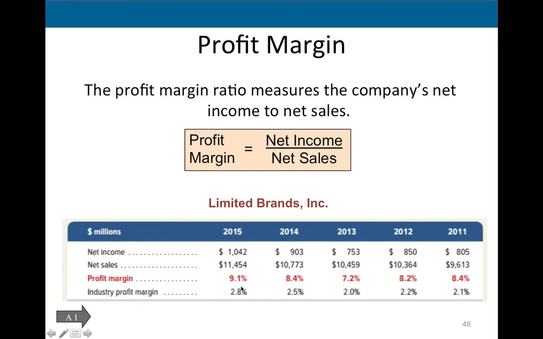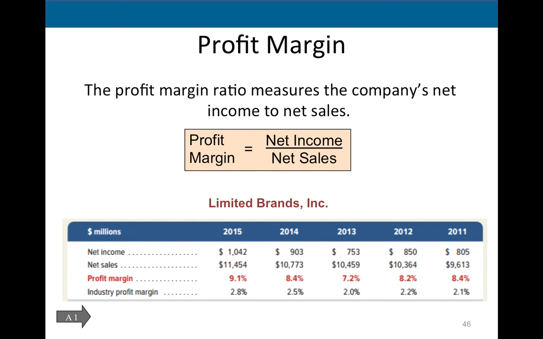Another ratio here is a very useful one that has to do with profitability. We take net income and divide it by net sales. If you think about the income statement, we take the bottom number and divide it into the top number. It's expressed as a percentage. I like to think of it as cents.